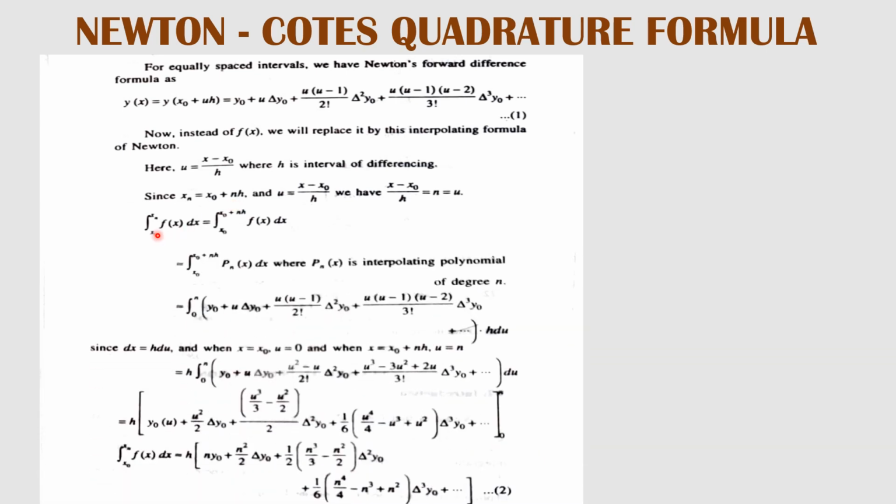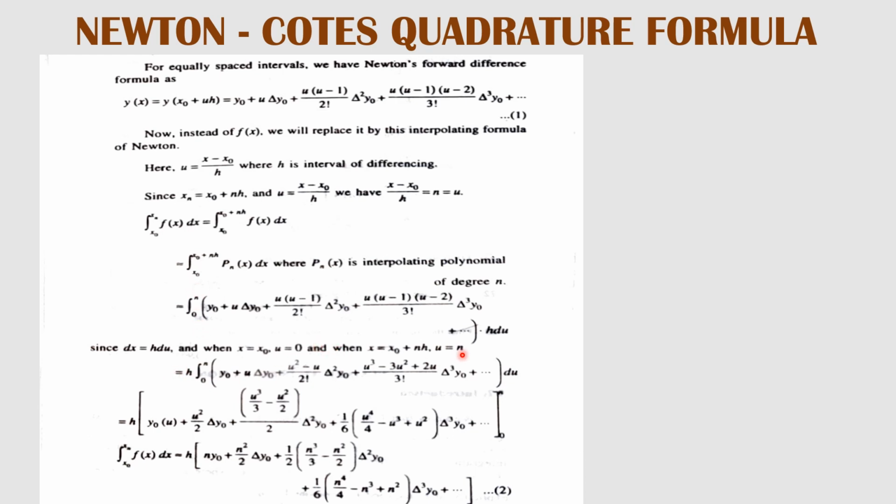So when you replace that, again we are going to replace this f of x by the interpolating polynomial Pn of x. So now the integral becomes integral x0 to x0 plus nh Pn of x, and this is of degree n. Now you substitute equation 1 in this integral, and this x0 plus nh can be replaced as integral 0 to n.